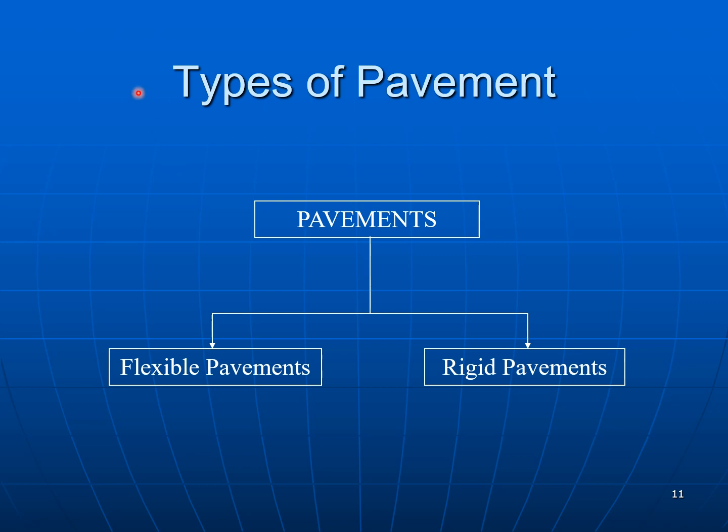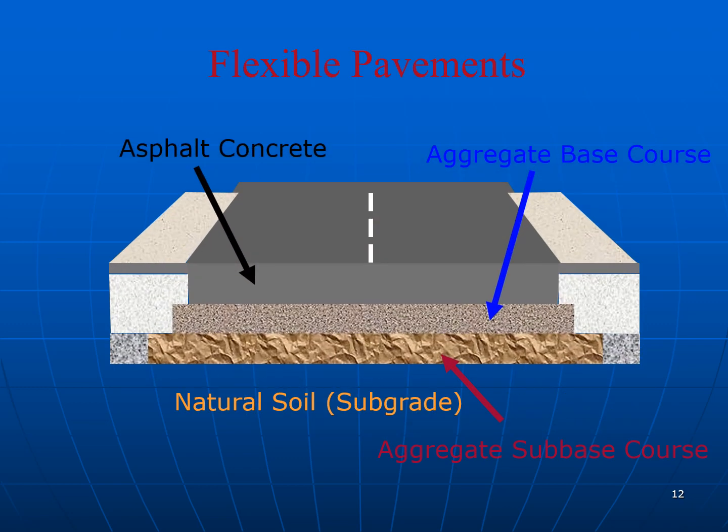Types of pavements. Broadly speaking, we have two types of pavements, flexible pavement and rigid pavement. Look at the flexible pavement first.